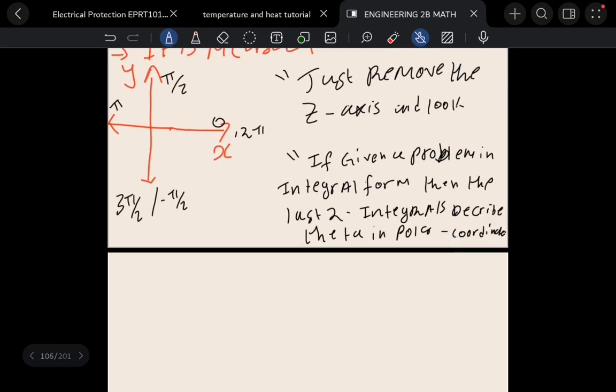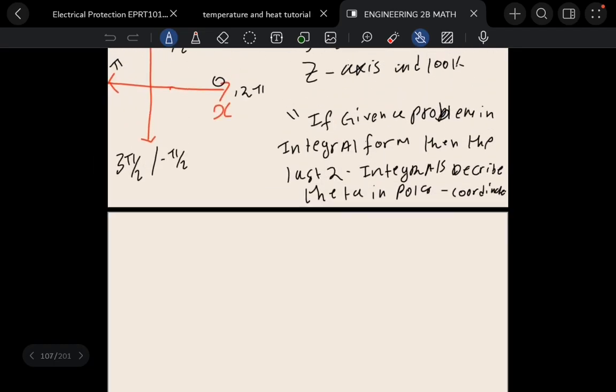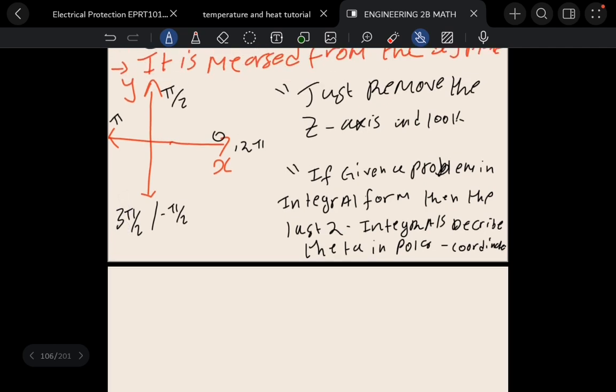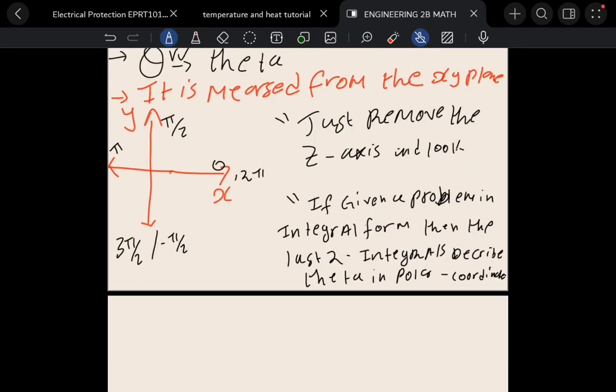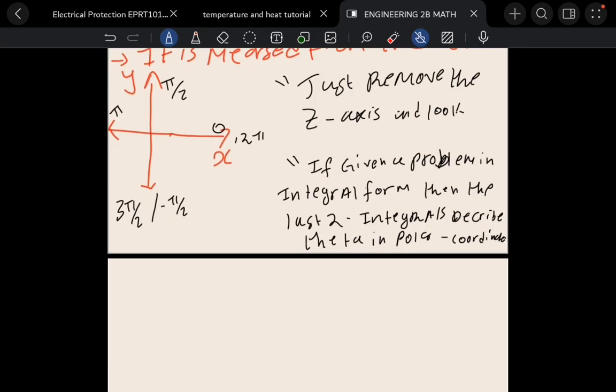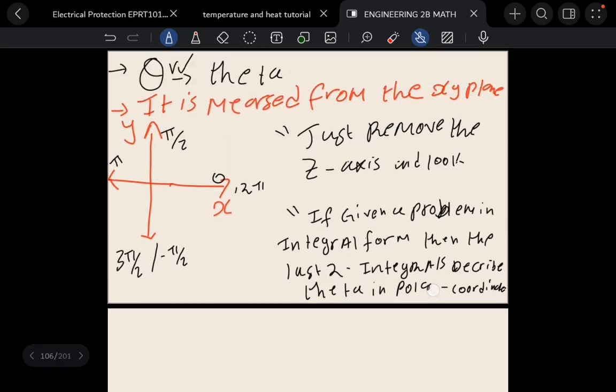I'm just going to show you what an integral form is. We actually covered polar coordinates in the above video, if I'm not mistaken. Right, this is theta.